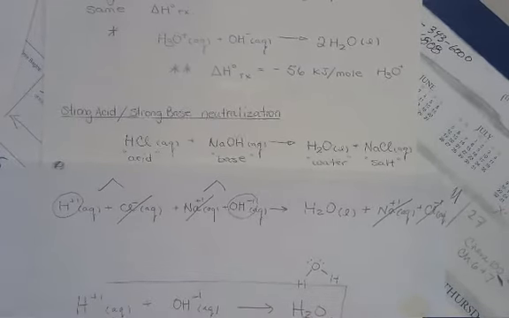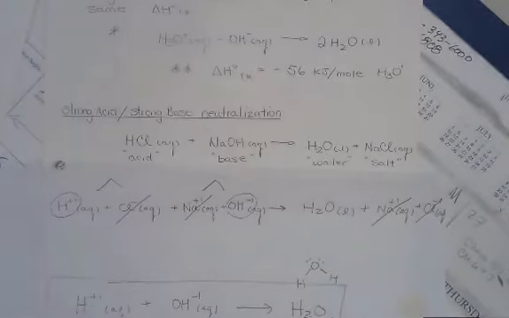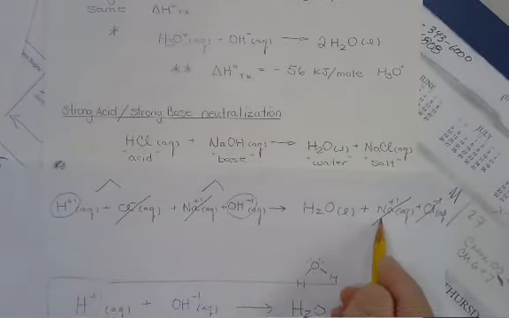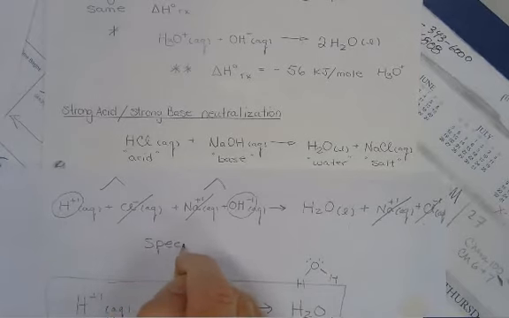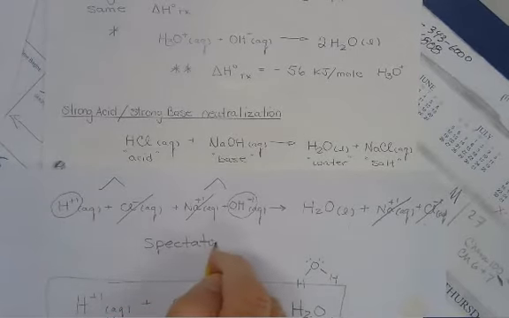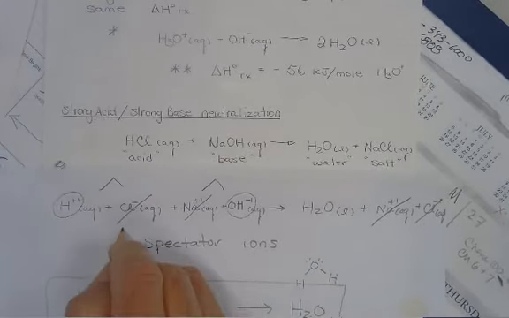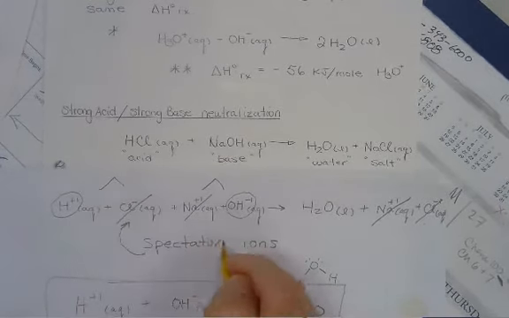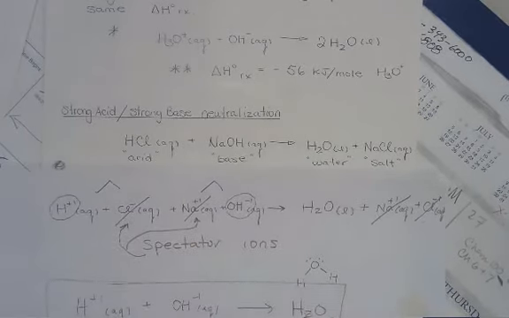So all that extra stuff isn't important. These guys here, if you remember from Chem 1, are called spectator ions. Both the Cl minus and the Na plus, they're just watching the chemical reaction that happens.